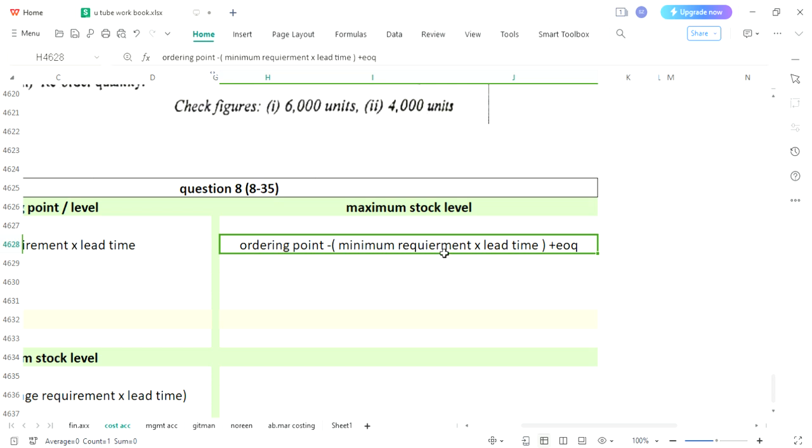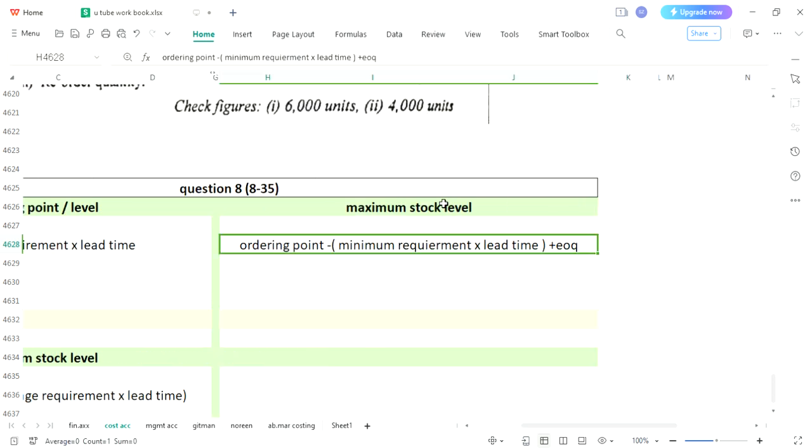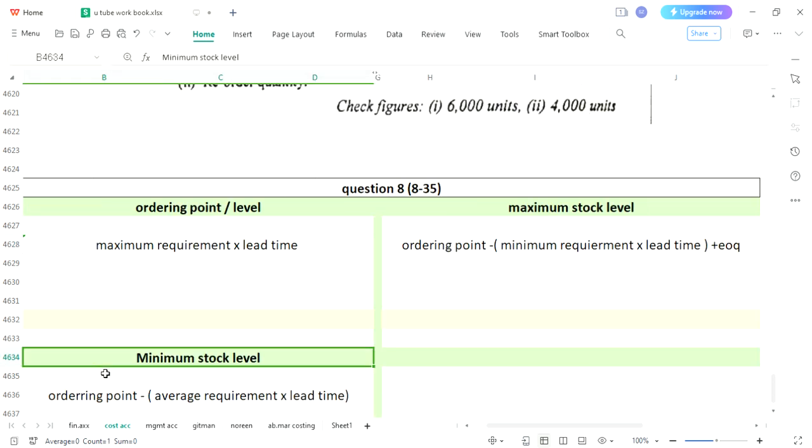Minimum requirement is part of your formula, while the answer of this whole formula is stock. In a similar way, we have put minimum requirement over here, but minimum stock level is something different. Both are minimum, but you will have to differentiate. Minimum requirement would be given in your question, while minimum level you will calculate by putting this formula.